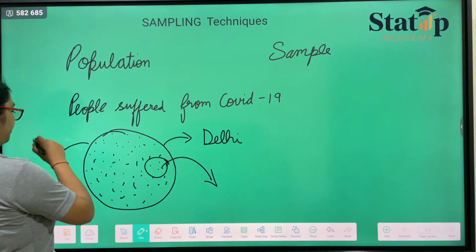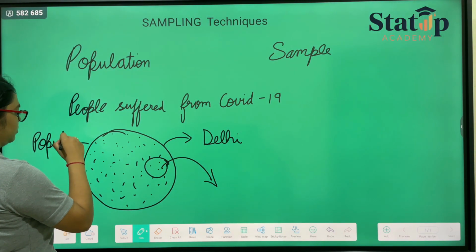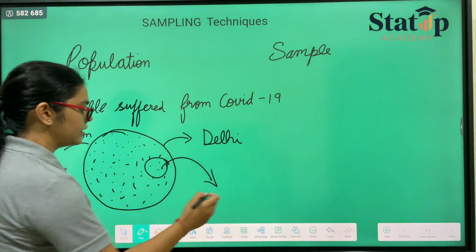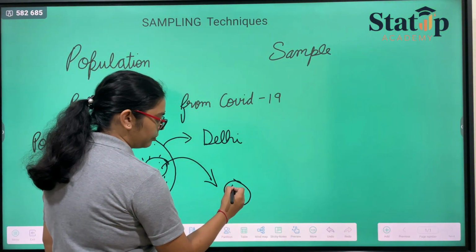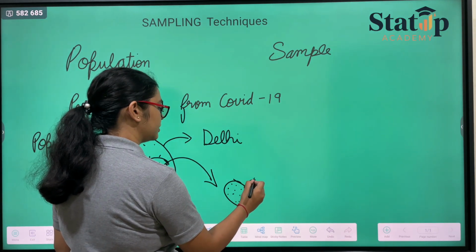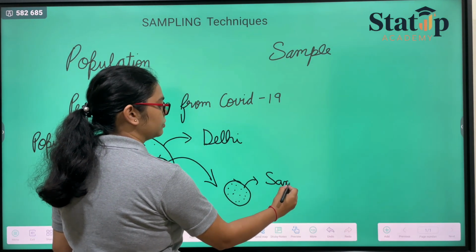This is the whole population. We'll pick out a portion of this, and this small portion of the population on which we will run our test is known as a sample of the population.